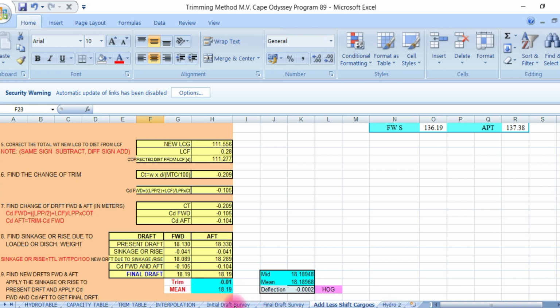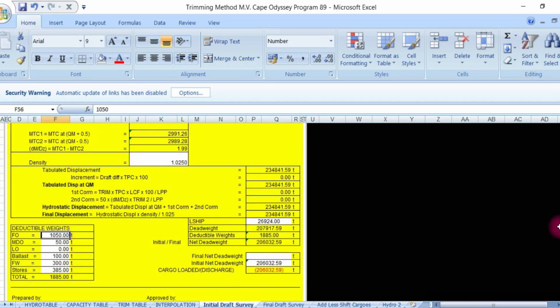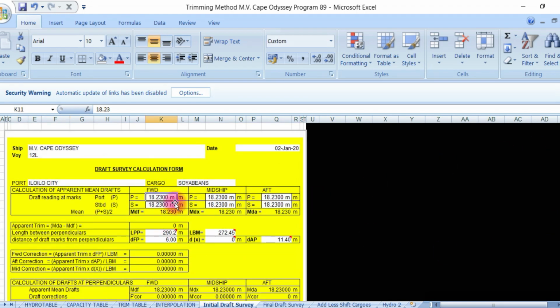Okay, so we use the initial draft survey. 18.10, 18.10, starboard side 18.19, up 18.19, mid 18.19. Okay, we have done the arrival draft.